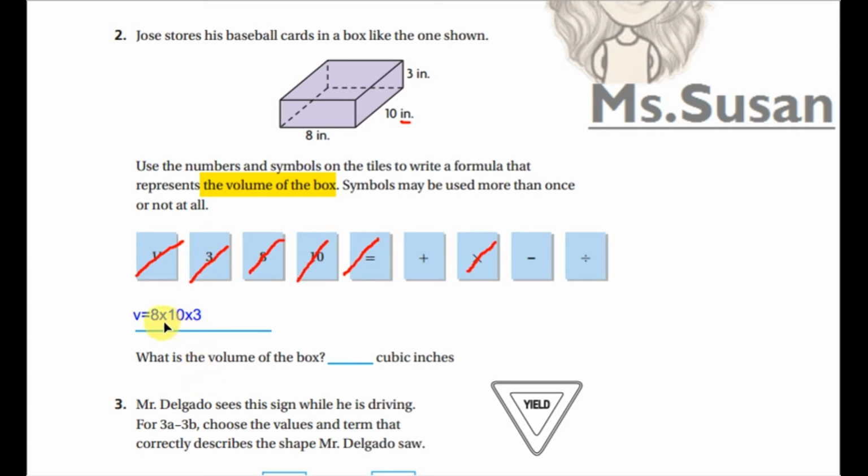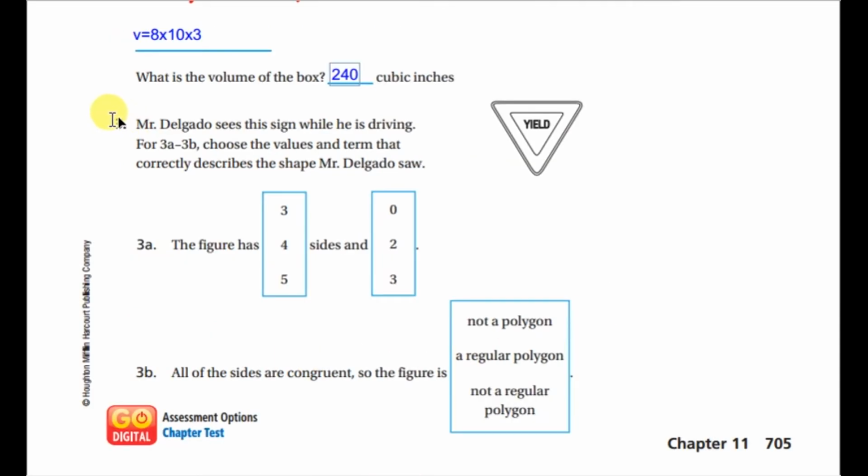First thing is to multiply the digits first. 8 times 3 is equal to 24. Then multiply 24 times 10. Put the 0 and multiply 1 times 24, so it would be 240. So the answer will be 240 cubic inches.